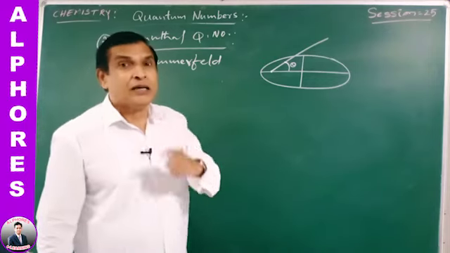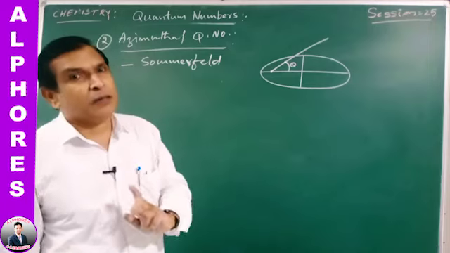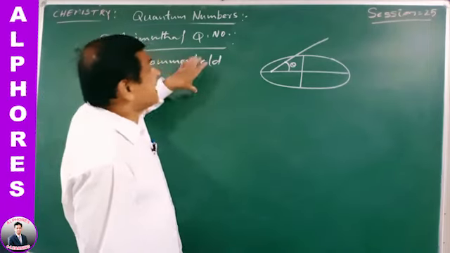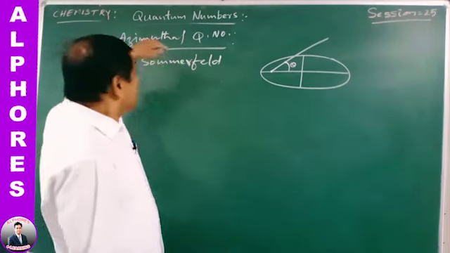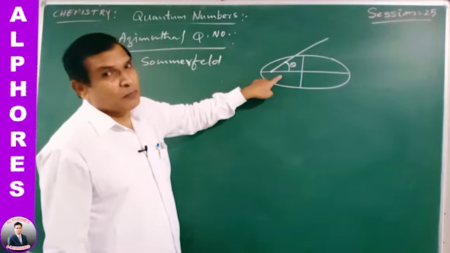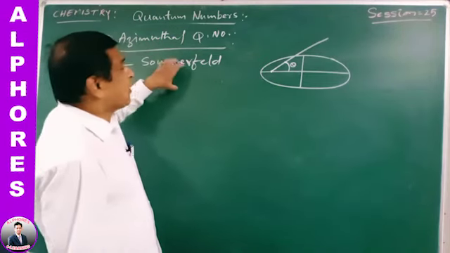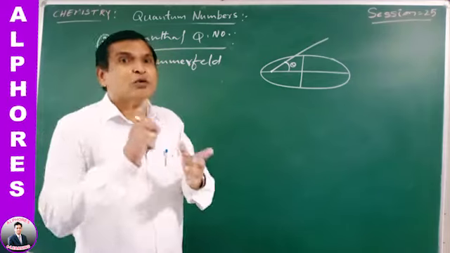It is also called the angular momentum quantum number, because to explain the angular momentum of the electron he introduced elliptical orbits.